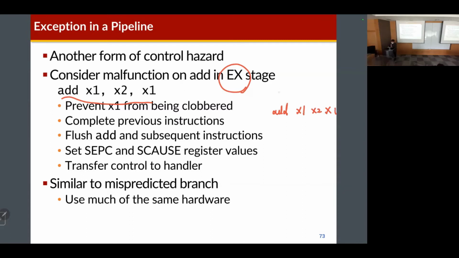As I said, there can be some previous instructions like sub and load. If this add instruction is in the EX stage, then there are already two instructions, in the ID stage and the instruction fetch stage, like the other instruction, such as multiply or divide. So the exception is detected when the add instruction is in the EX stage. This is just an example.